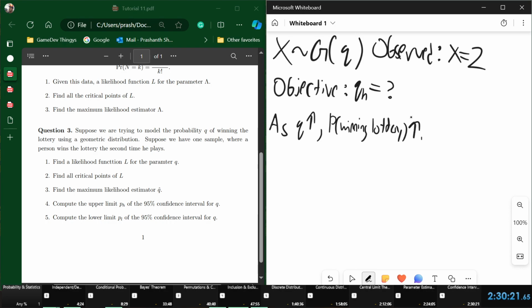And because the probability of winning the lottery increases, this means that you would expect to win sooner.